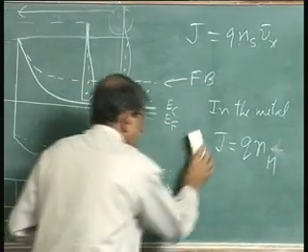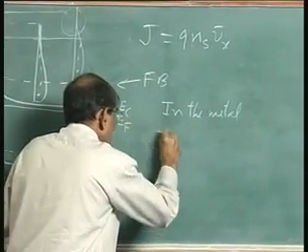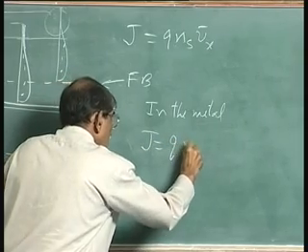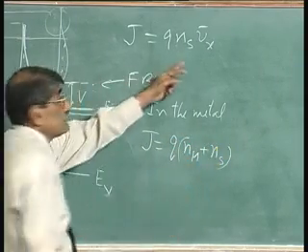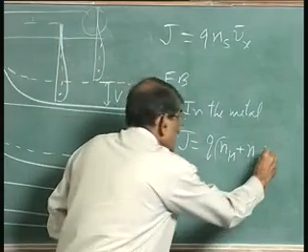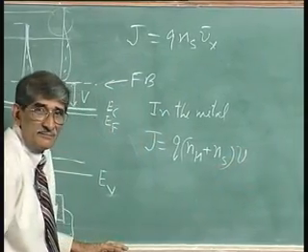So, let me rewrite that. In the metal, J is equal to q times N in the metal plus N of S, which has been injected there, into velocity in the metal.